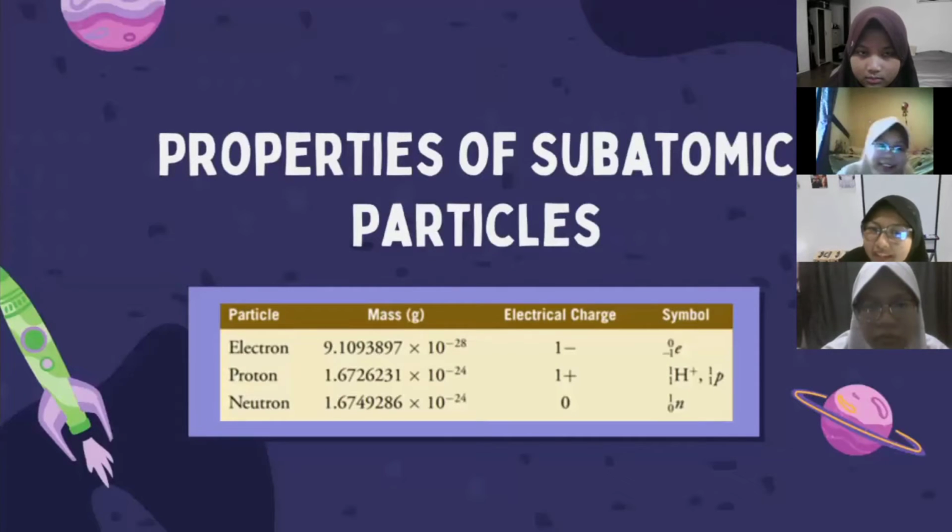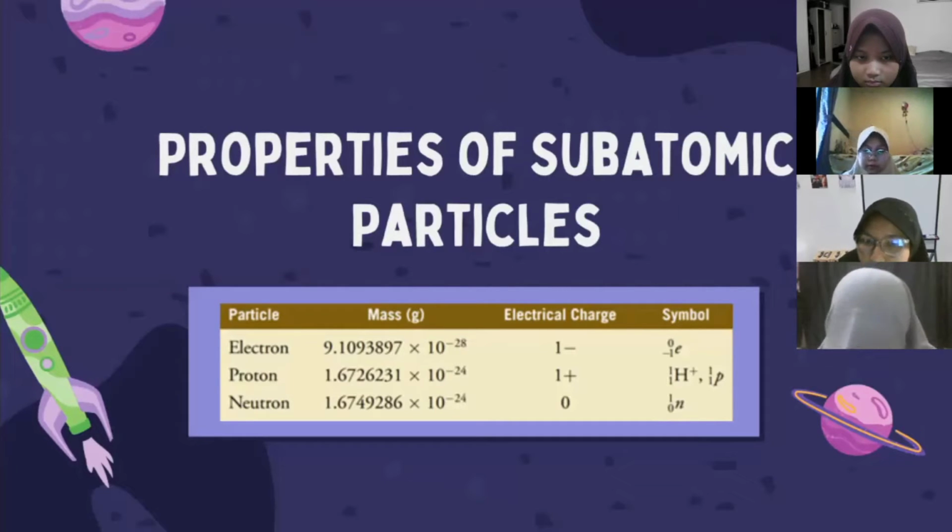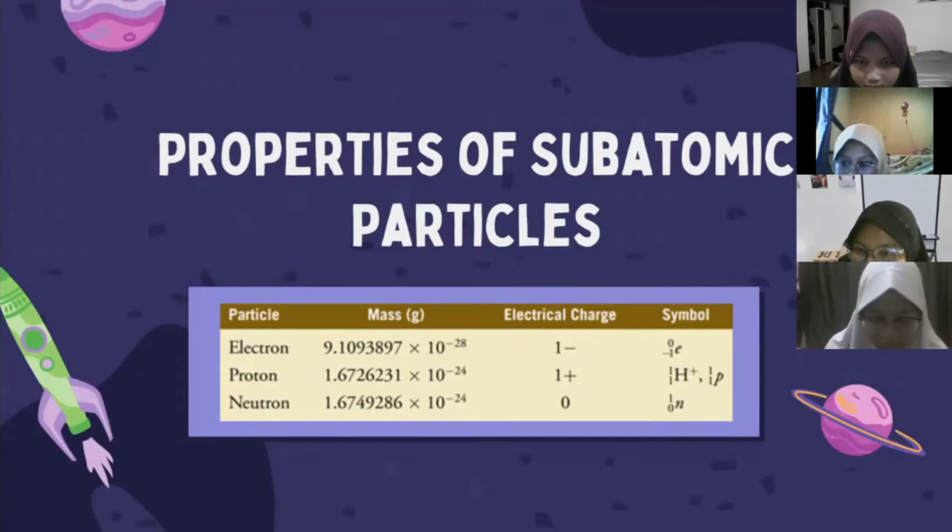Yes. Okay, so we can see here the properties of the subatomic particles. The electron has a mass of 9.1093897 times 10 to the power of minus 28, and it has 1 minus electrical charge, and this is the symbol.